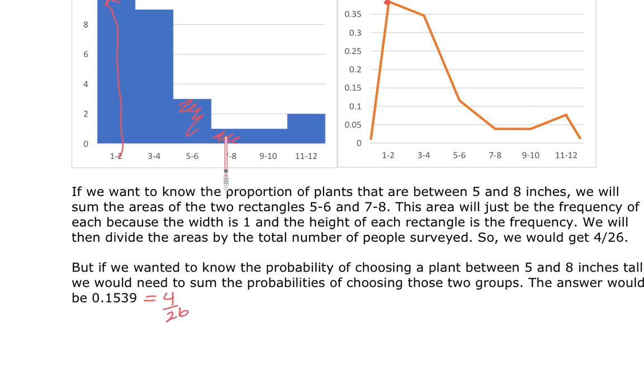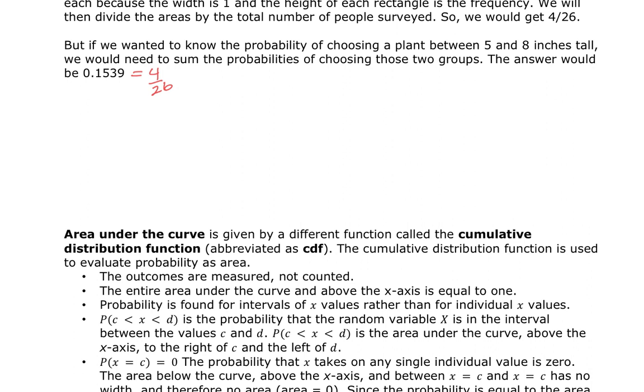So this area and this area, if I were to add them up, I have a width of 1 and a height of 3, and a width of 1 and a height of 1. I get 4 out of 26, so the probability then is 0.1539. So that's really kind of nice. We've been doing probabilities all this time. We just didn't call it that because we weren't ready to.